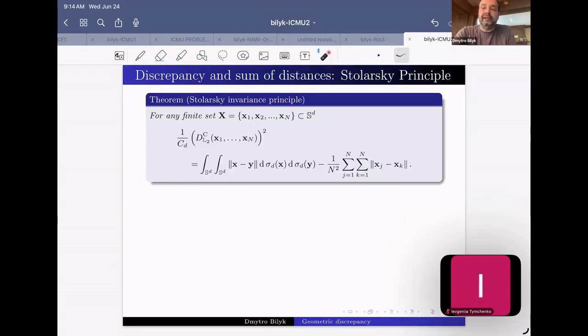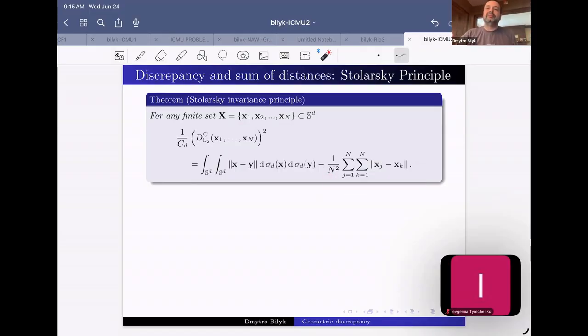And here I have the same thing, but it is a discrete sum instead of the integral, given specifically by these points. So you can interpret it in at least two different ways. First of all, discrepancy can be represented as the error of integration. Here you have an actual integral, and here you have a discrete sum, an approximation to the integral.